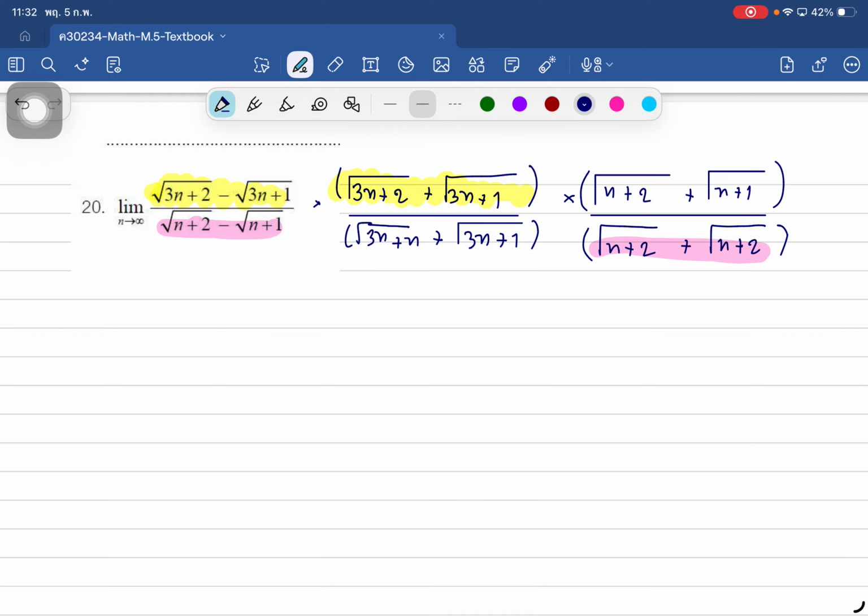Okay. The next page is about the infinite series. Once we have the infinite sequence, when we sum those sequences together, it's going to be the series, right? Then the infinite series is there if you sum the infinity term of the sequence. Okay?